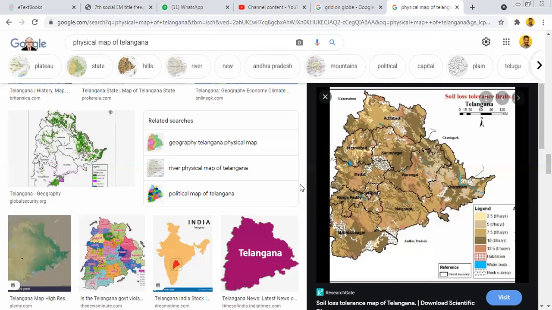Once again, we will try to recall what we have learned in the previous classes. Especially maps are of different kinds: physical maps, political maps, topographical maps. Clear. We use symbols to show physical objects on the map.